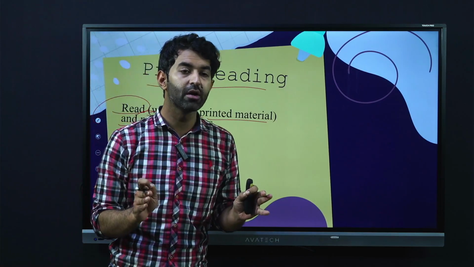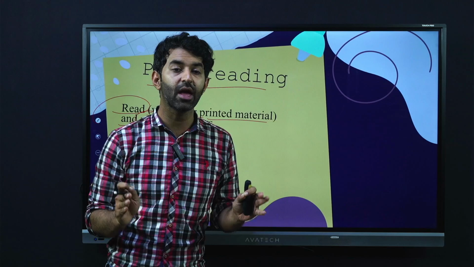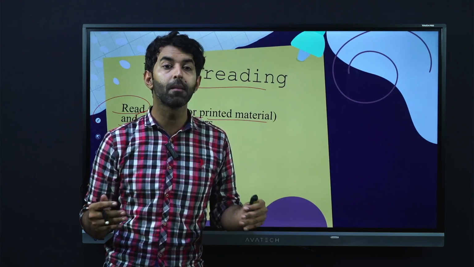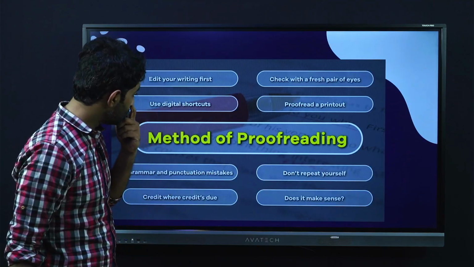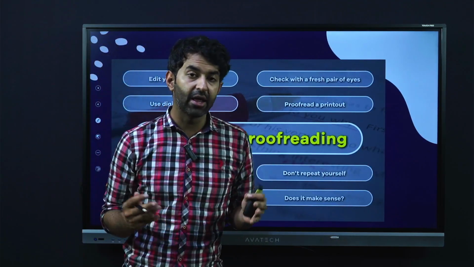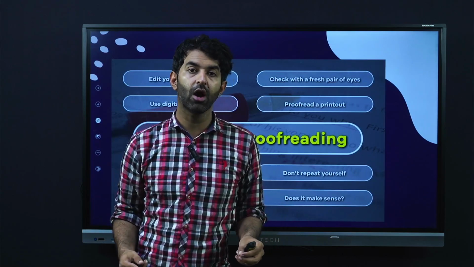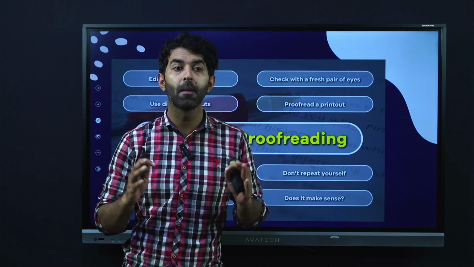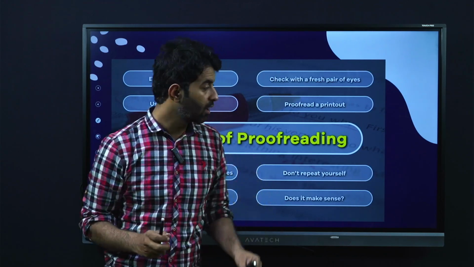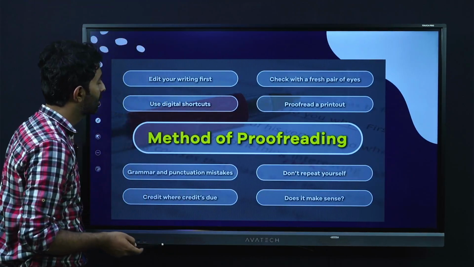Read the work and then mark any errors. Error means mistakes. Now, proofreading and editing, these two things are methods. They have a method and steps. Let's see what they are.